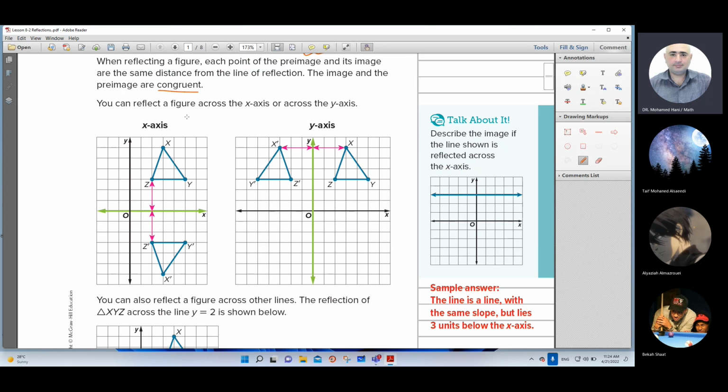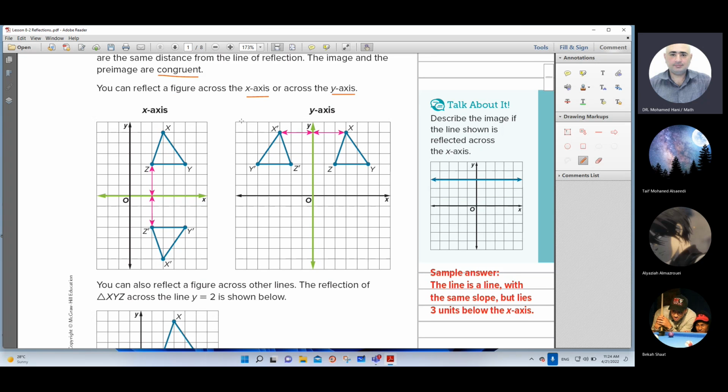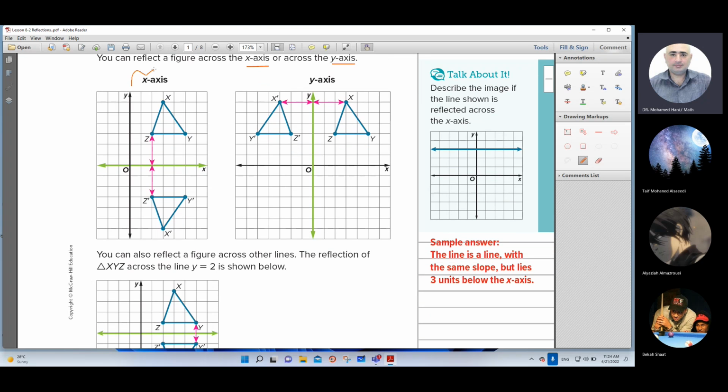So you can reflect a figure across the x-axis or across the y-axis. For example, here we have the x-axis, and here we have the pre-image, the triangle XYZ, and the image, the triangle Z prime, X prime, Y prime.